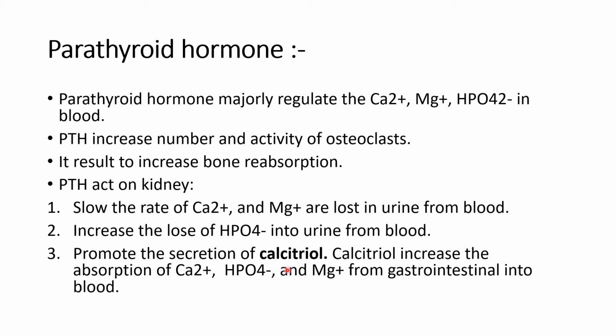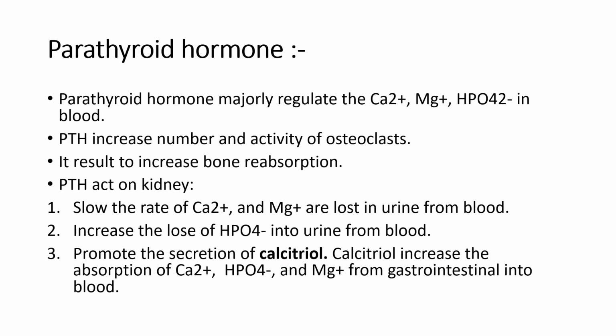They promote the secretion of calcitriol, and calcitriol increases the absorption of calcium ions, mainly from the gastrointestinal tract where the food is present inside the intestine, and that calcium ion goes into the blood. It means when we take calcium in our food, that calcium ion is absorbed by calcitriol.